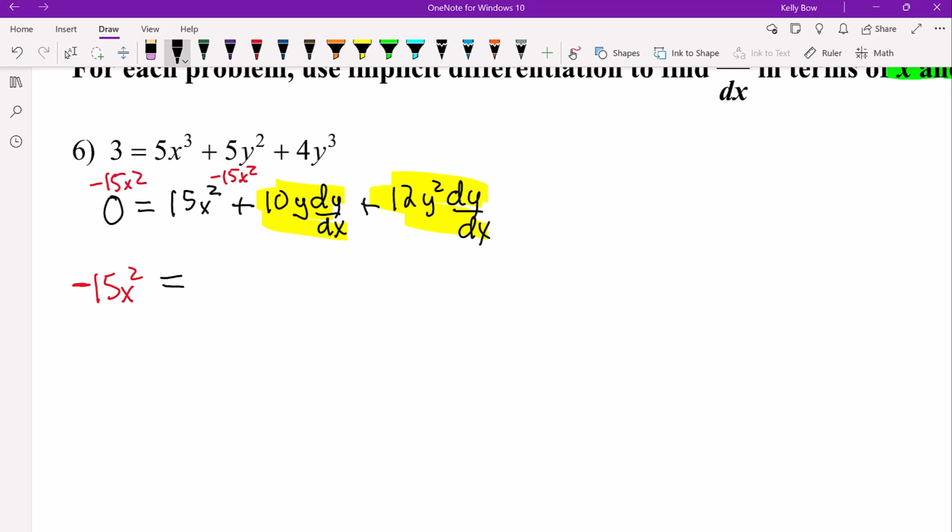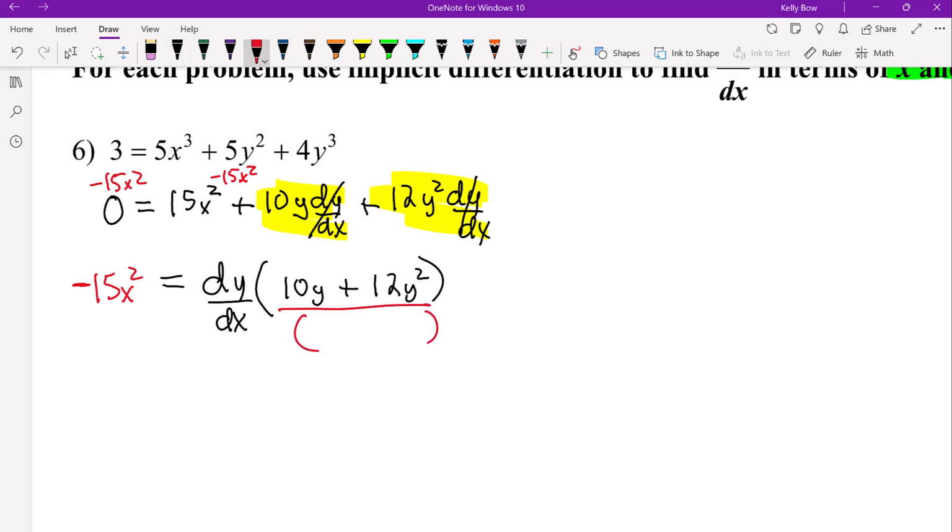All right, and now these both share a dy/dx, so I'm going to factor out a dy/dx, and when I factor it out from here, we're left with 10y. I factor out here, we're left with 12y squared. And now, to get dy/dx by itself, I just divide both sides by 10y plus 12y squared.